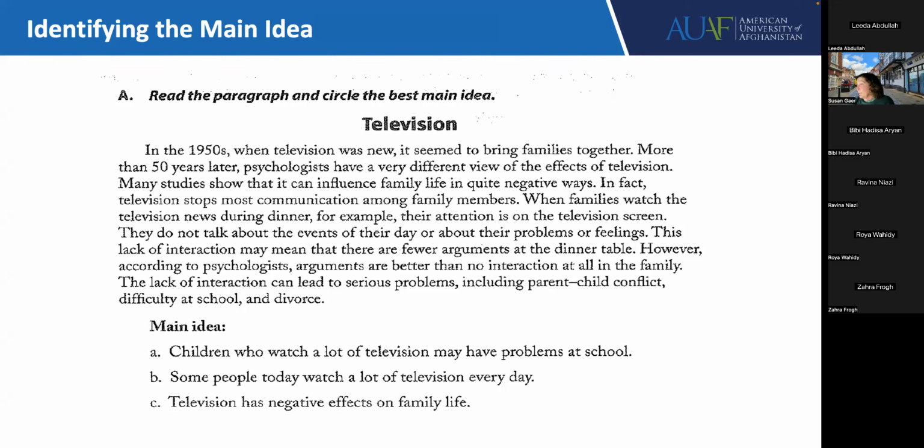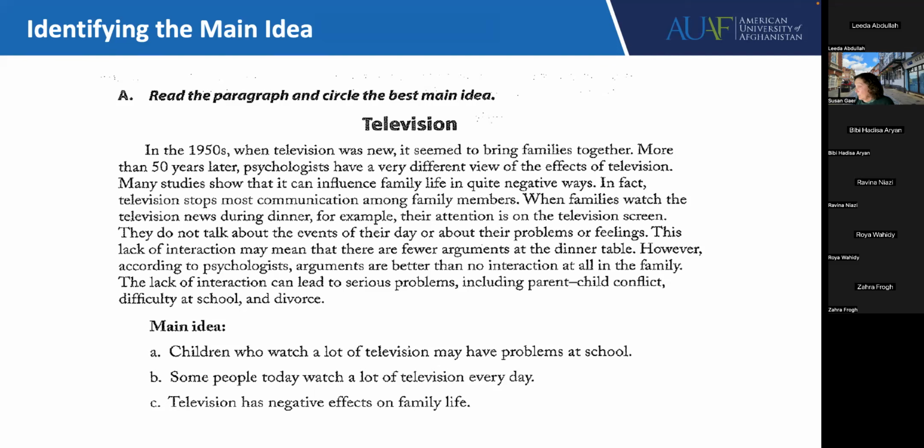They do not talk about the events of their day or about their problems or feelings. This lack of interaction may mean that there are fewer arguments at the dinner table. However, according to psychologists, arguments are better than no interaction at all in the family. The lack of interaction can lead to serious problems, including parent-child conflict, difficulty at school, and divorce.